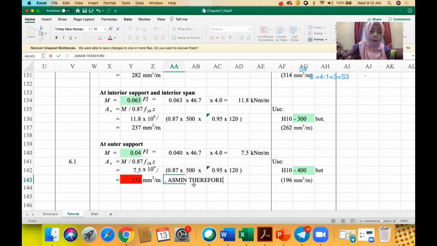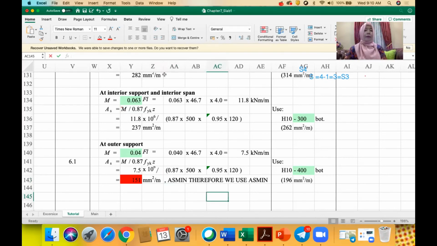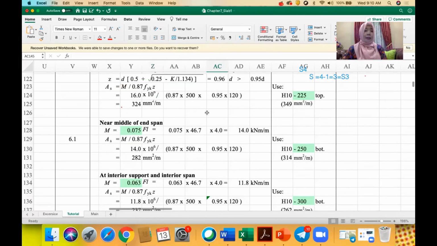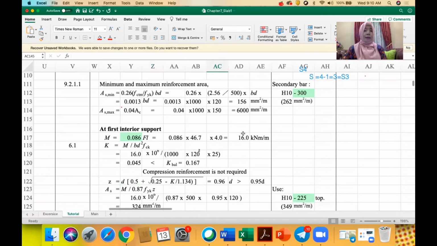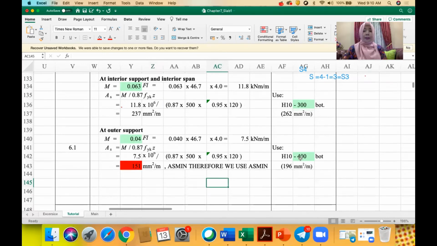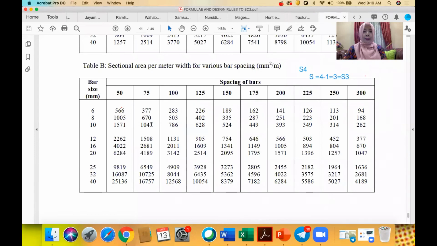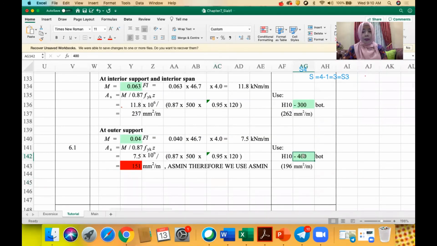Our AS min now is 156. Look at here, are there any 156 here in the table? The minimum one we got here is 262, 300. So we need to put here 300.